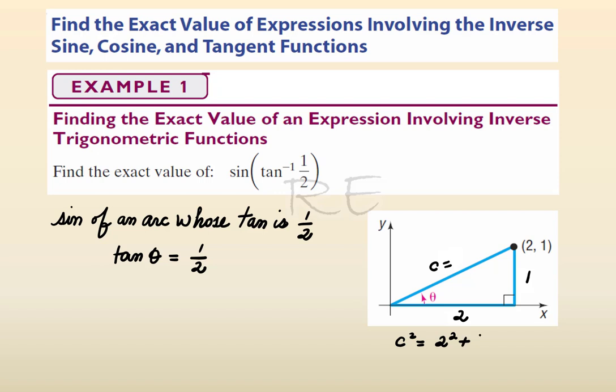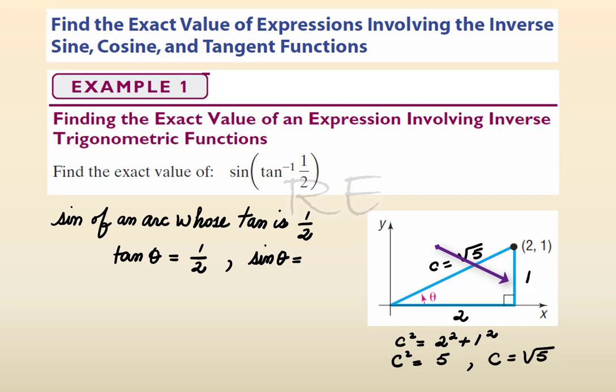Placing those numbers in the reference triangle, we get c squared equal to 2 squared plus 1 squared. C squared is equal to 5, and c, the hypotenuse of the triangle, is equal to square root of 5. Now we need the sine of that arc whose tangent is 1/2.